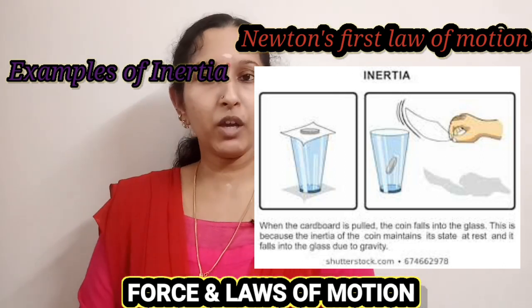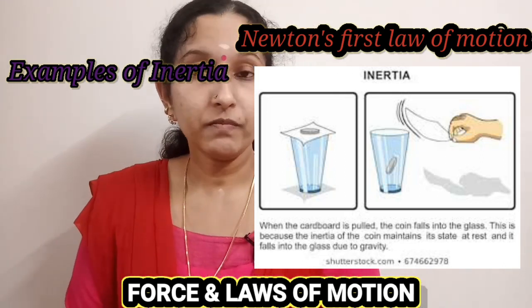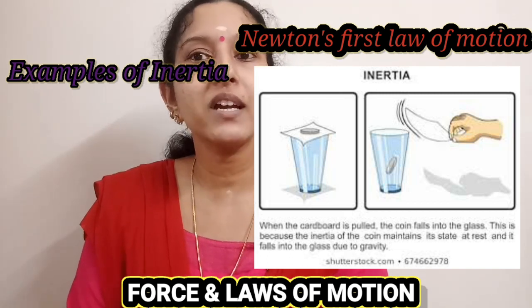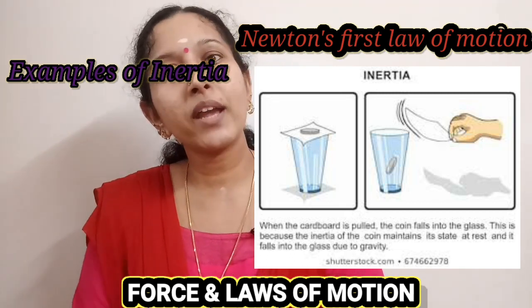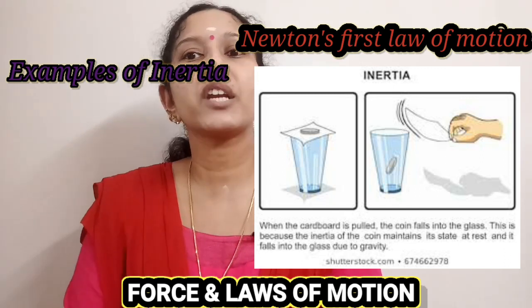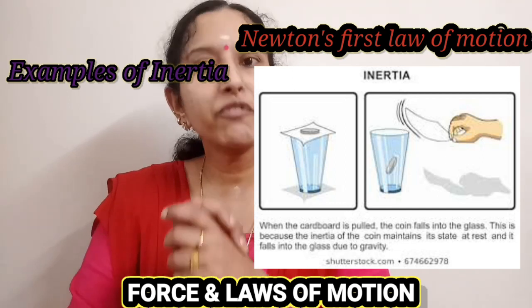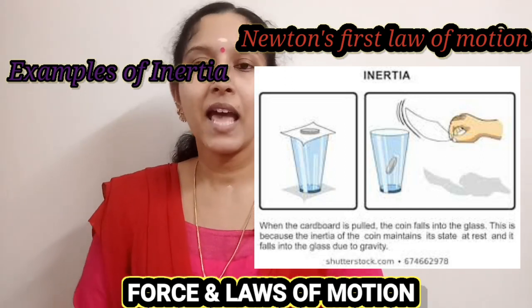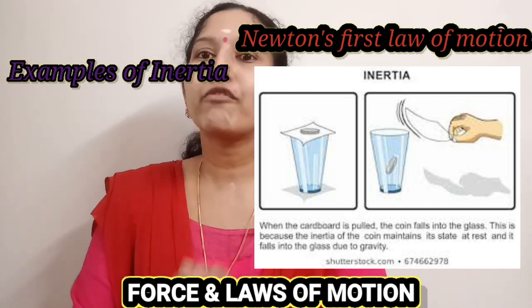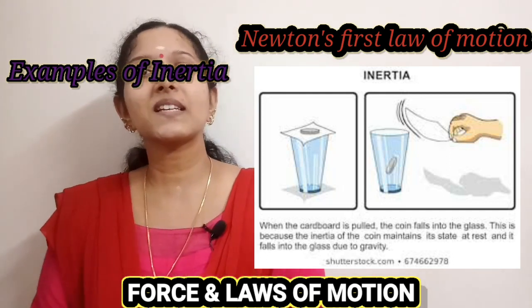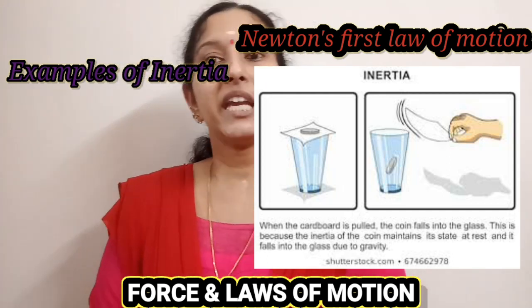Why? Because you are giving force to the card, not to the coin. The coin wishes to continue its state of rest, so it falls into the glass, and the card flies off because you gave force to the card. So all these cases are examples of inertia.